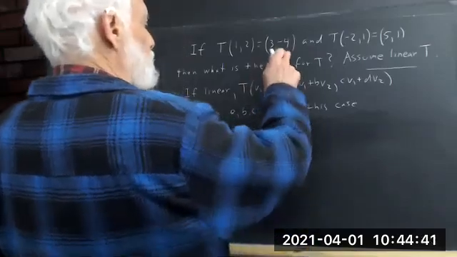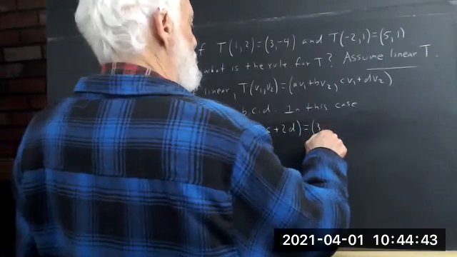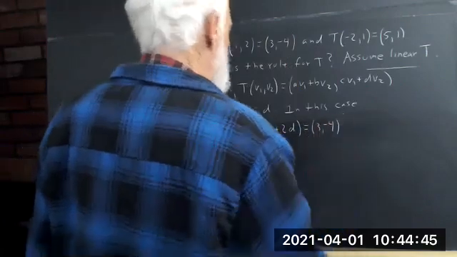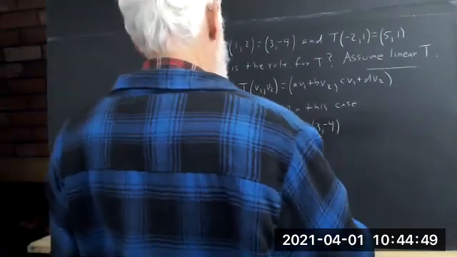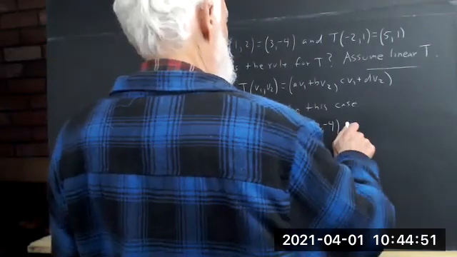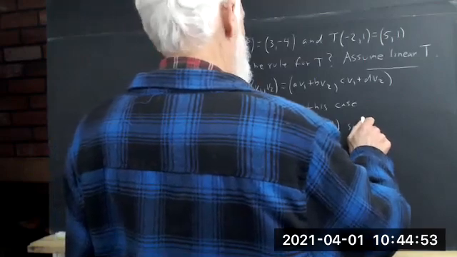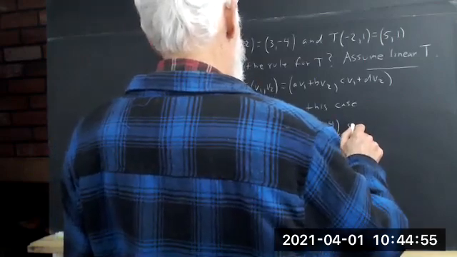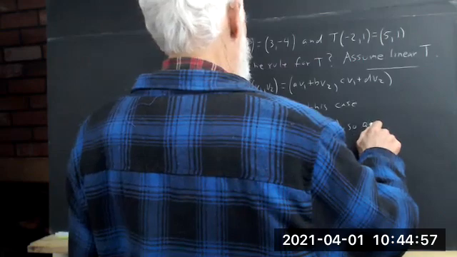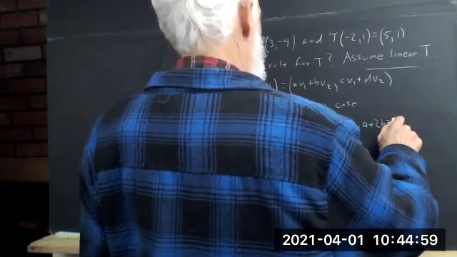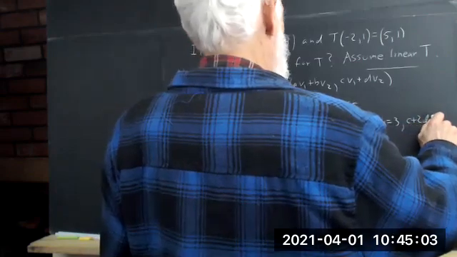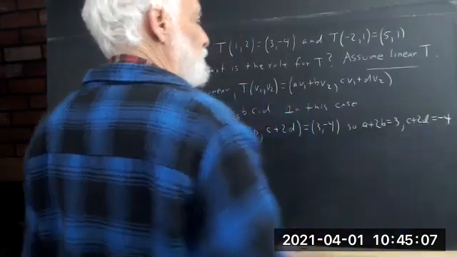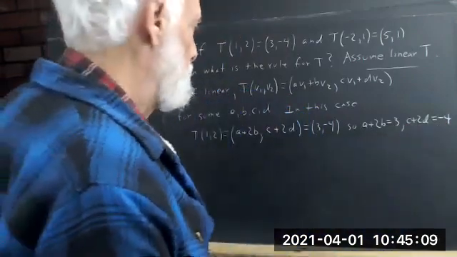And of course, now that has to equal 3, -4. So A plus 2B is 3, C plus 2D is -4.